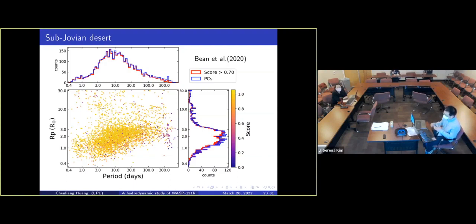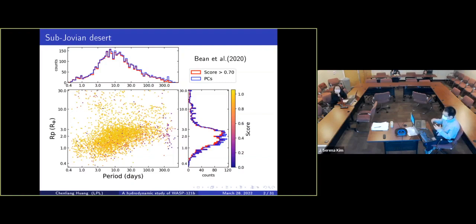So to understand all these processes, one important tool is to observe and model the upper atmosphere. Among these, specifically for photoevaporation, the Lyman continuum flux hits the upper atmosphere and converts to heat for the escape.